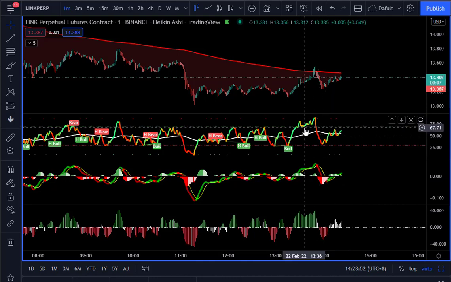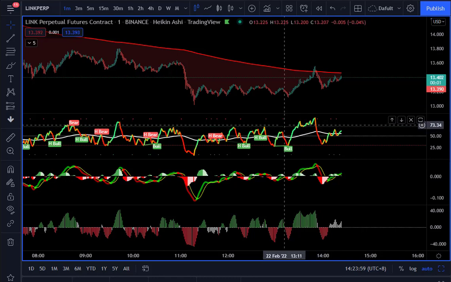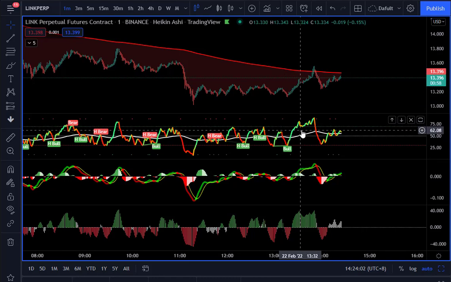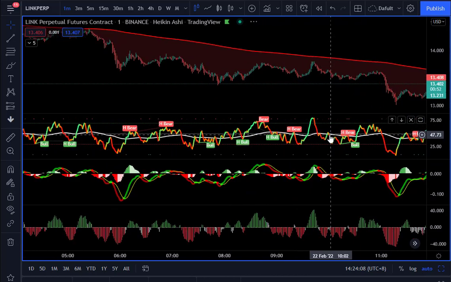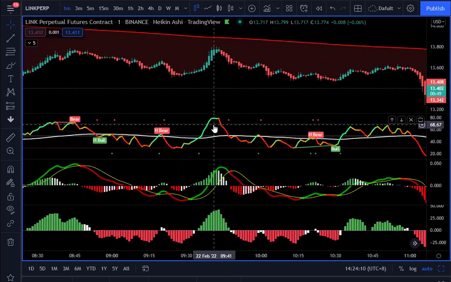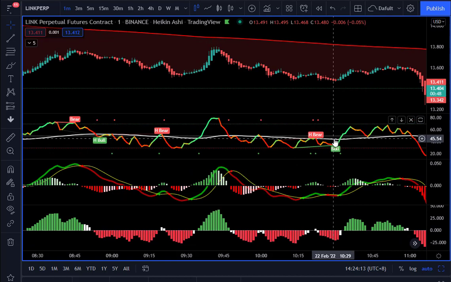The 70 line is over here. Whenever it crosses the 70, you want to look for a signal to short the trade. One good example would be somewhere around here. You can see here it crossed the 70.